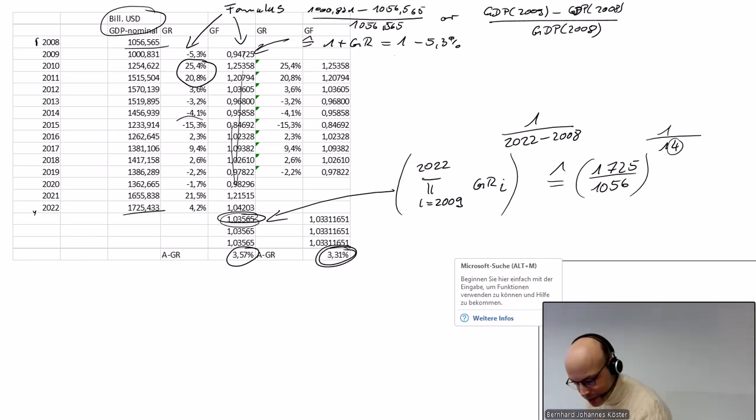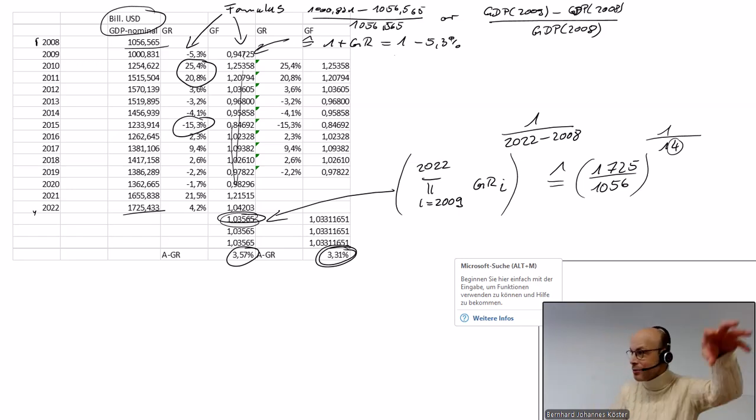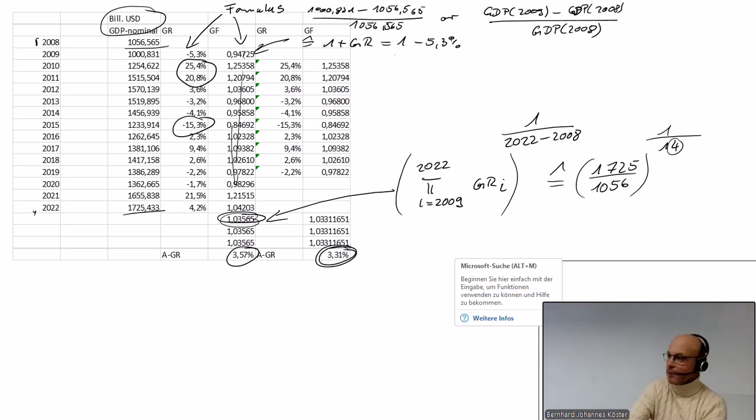And also look at this number, a downturn of 15%. And then we can think, well, in 2015, was there a huge crisis in Australia? If you read, no. Maybe you come to the idea that we are looking at US dollars. What does this mean?